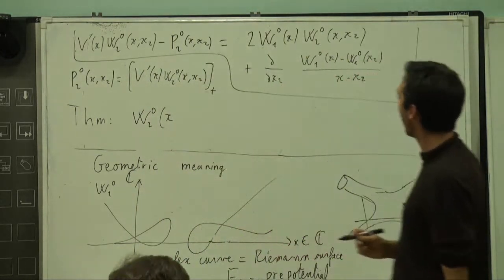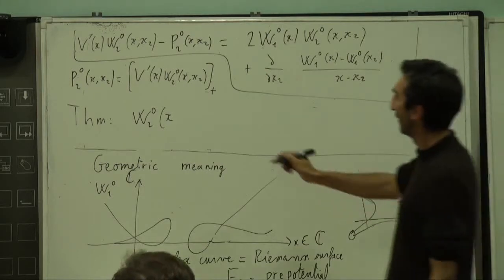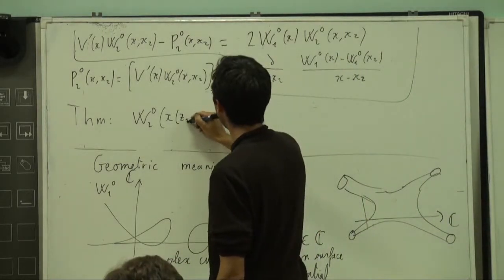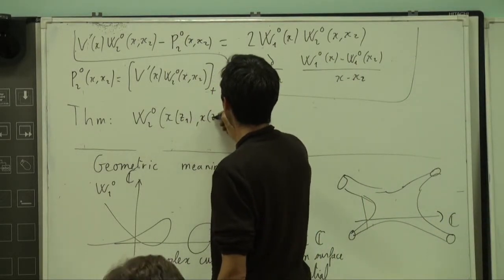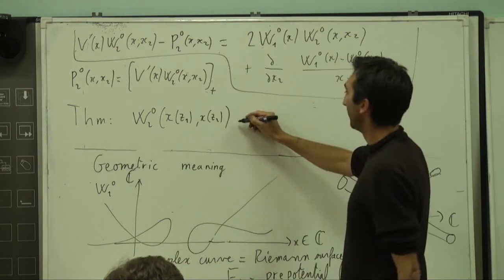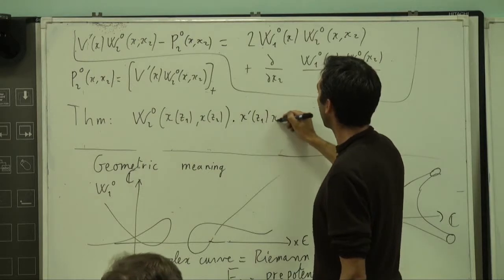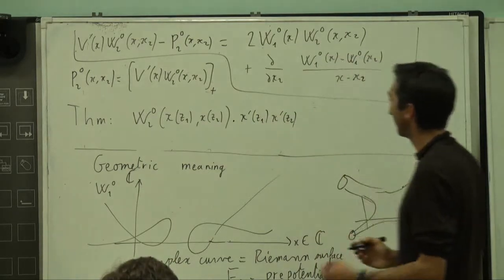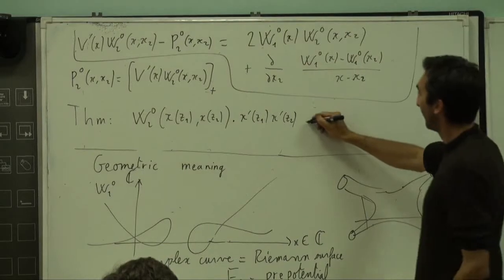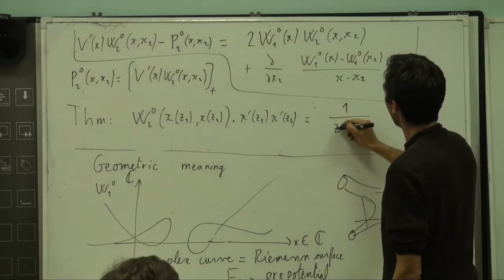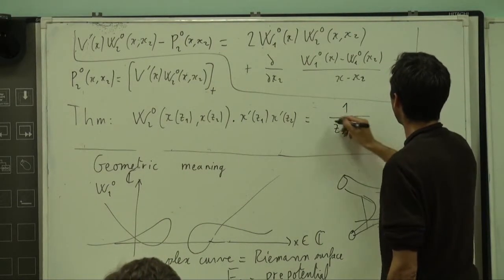Let me move to the z variable again. x of z1, x of z2, and let me multiply by x prime of z1, x prime of z2, is 1 over z1 minus z2 to the square.